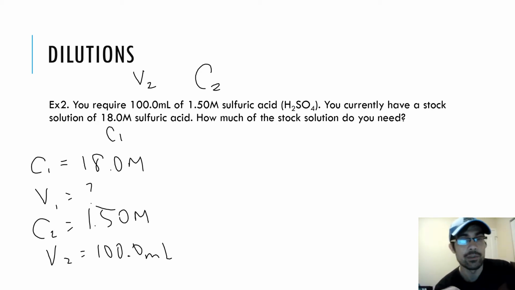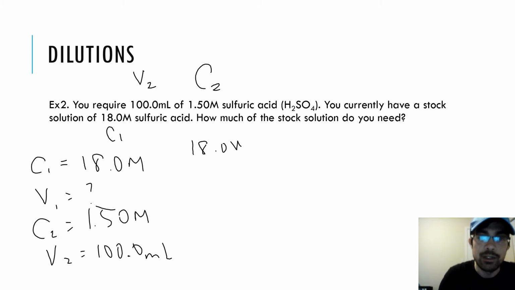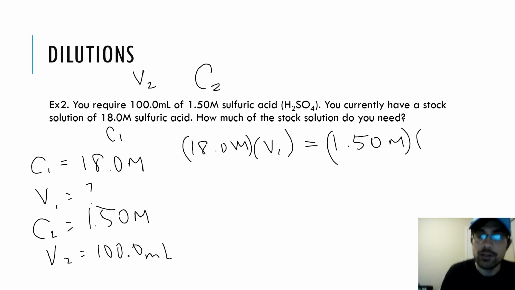So if you were to need to calculate something later with that, then you might have to, but we don't really get into that in grade 11, so not too much to worry about there. So let's just plug in our numbers now. 18.0 M times V1 is equal to 1.50 M times 100 mL.